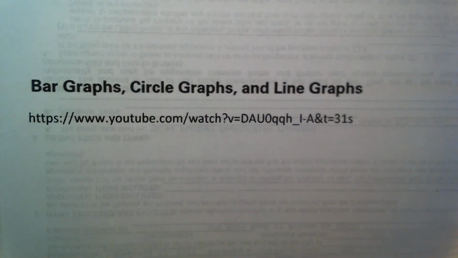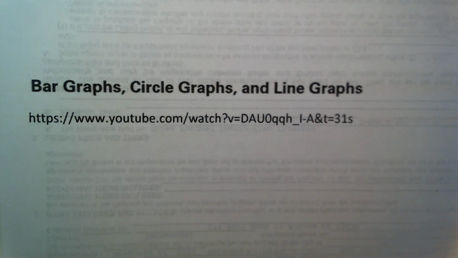Section 12.1 ends with a discussion of bar graphs, circle graphs, and line graphs. Let me make the following comments. Number 1, I recommend you really study example number 4, which is how to interpret a bar graph, and also the subsequent example 6, interpreting comparison of line graphs.